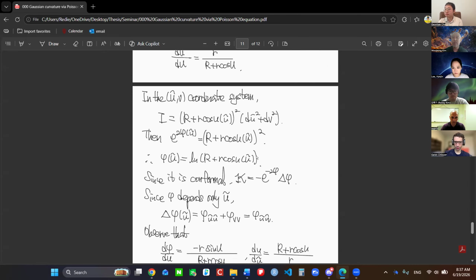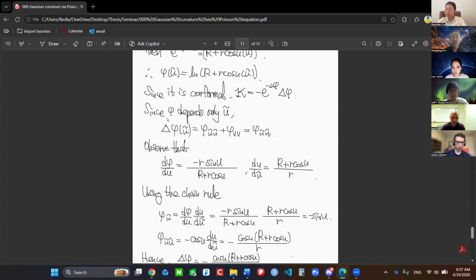Since it is conformal, we have this equation. Since phi depends only on u tilde, the second partial derivative of phi with respect to v is going to be 0.